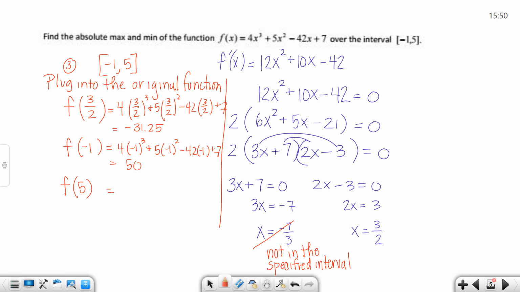Lastly, you plug in 5. Remember, we're plugging into the original. 4 times 5 cubed plus 5 times 5 squared minus 42 times 5 plus 7. When we plug all of that in, we get the value 422.